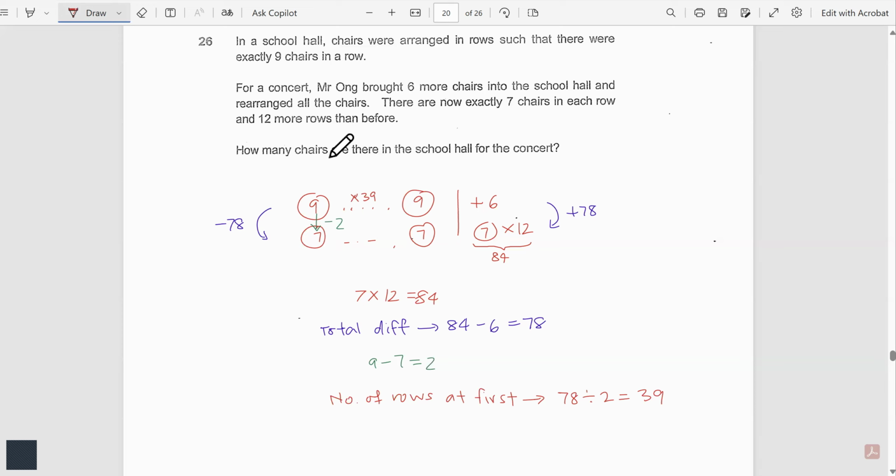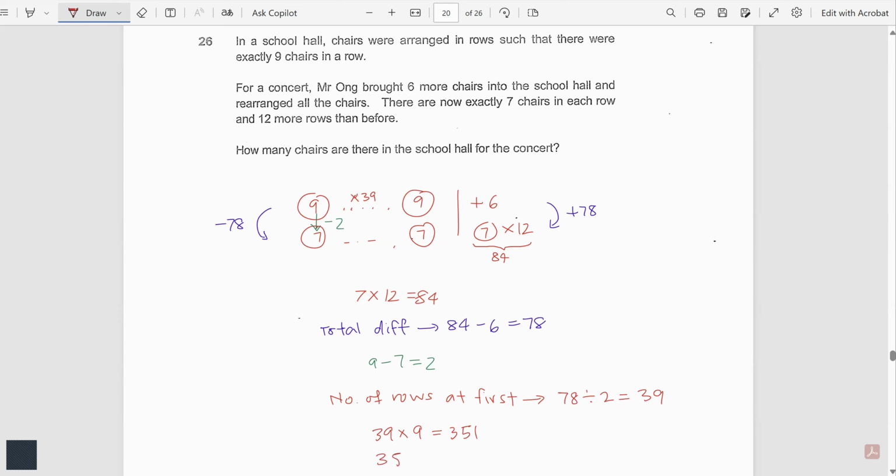How many chairs are there in the school hall for the concert? Which means I include the 6 that's added, because he brought in the 6 more chairs for the concert. So they're asking about the concert. So I'll take 39 rows of 9. So 39 times 9, then add 6 to find the total number of chairs. 39 times 9 is 351.